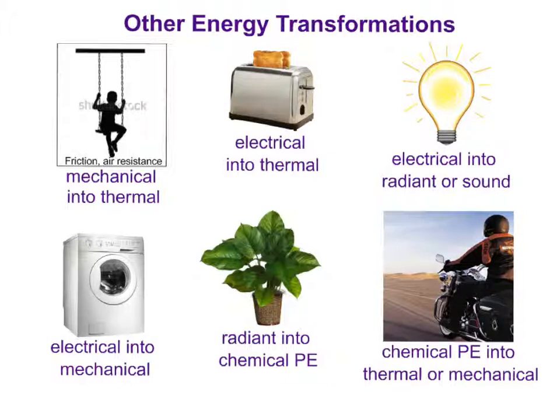Plants do this all the time through the process of photosynthesis. We also have chemical potential energy in the gasoline being converted into thermal and mechanical energy. These are just some examples of energy transformations, different types of energy being transformed into other types of energy.